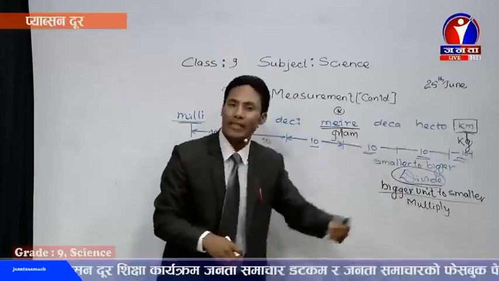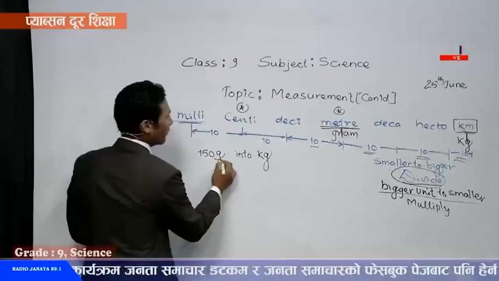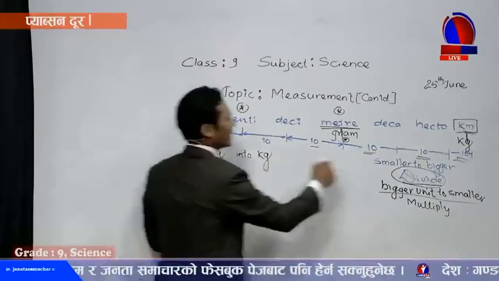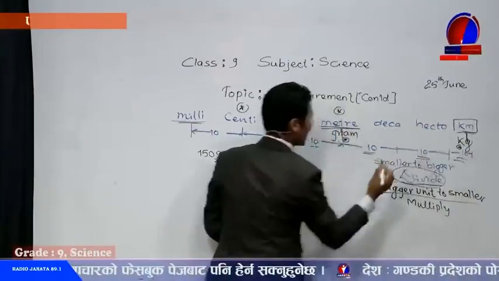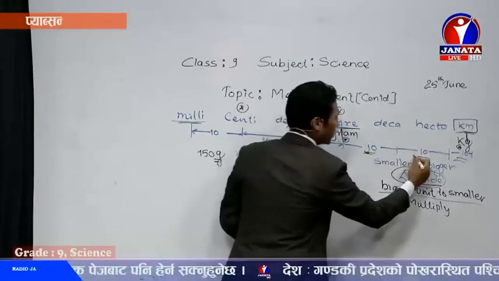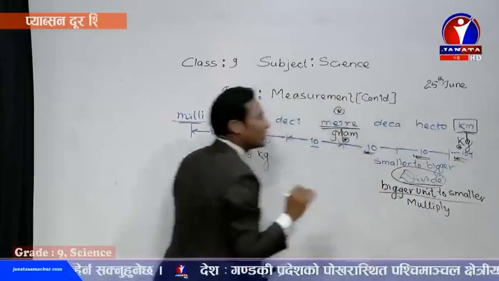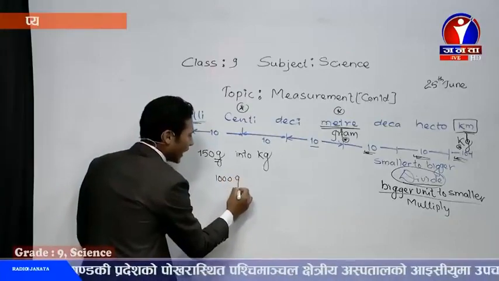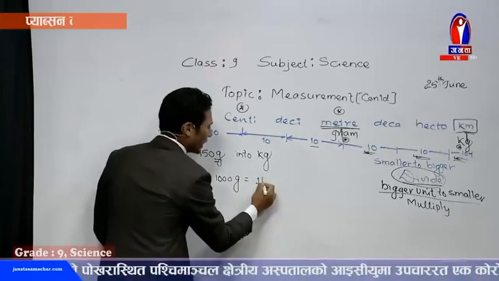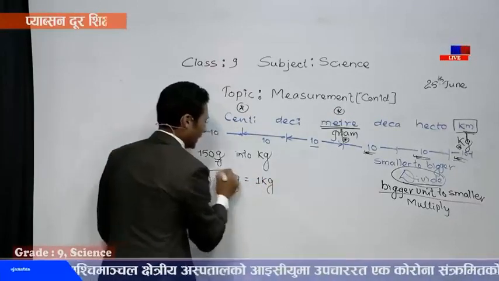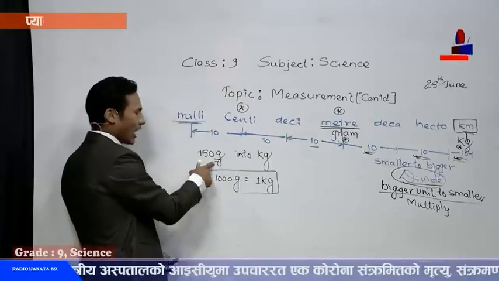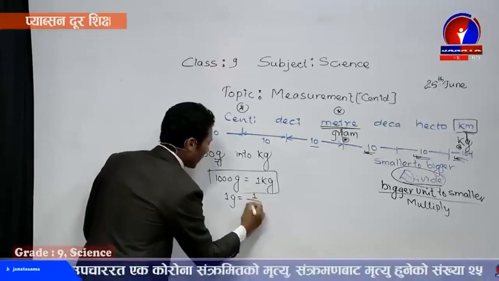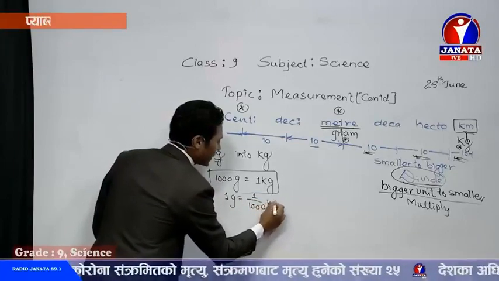Now, which number is there for the division? Let's see. Gram is here and the kg is here. So how many tens are there? Let's count. 1, 2, and 3 tens are there. That means 1000 gram equals 1 kg, right? Can we write like this: 1 gram equals 1 by 1000 kg, right?